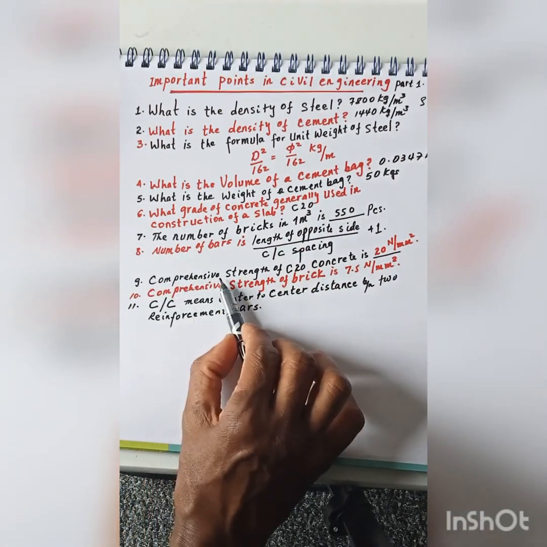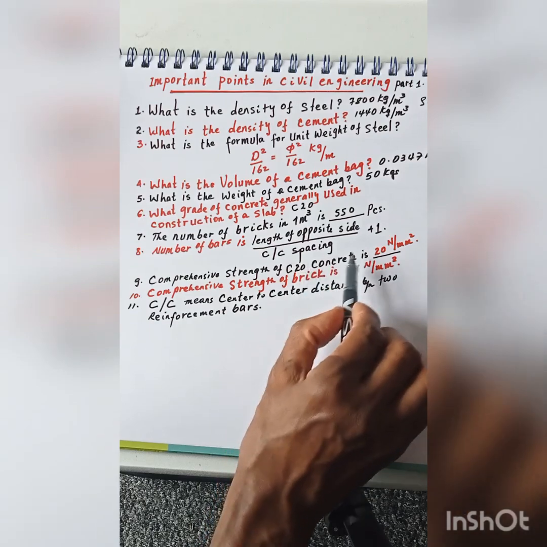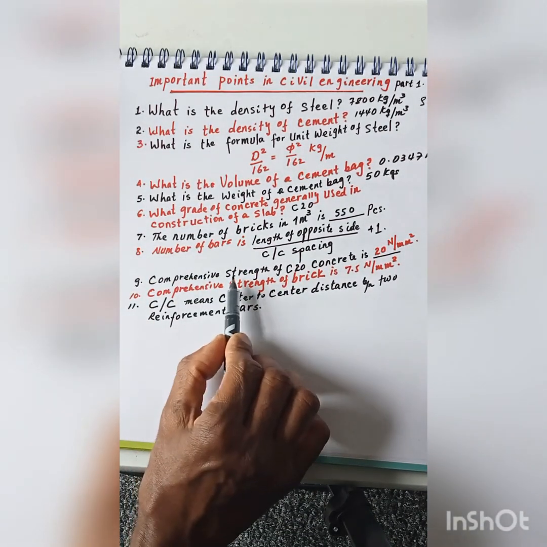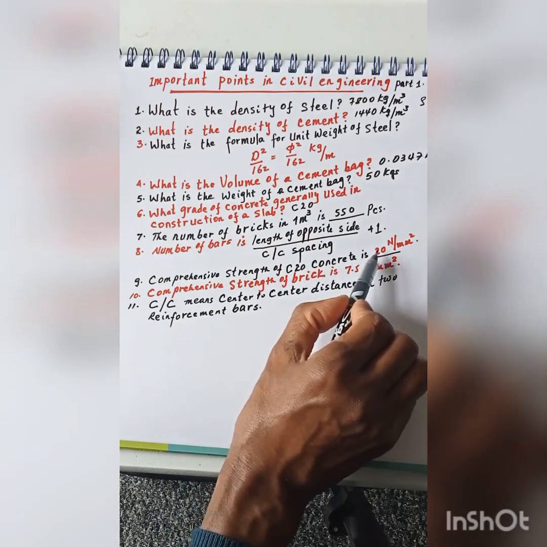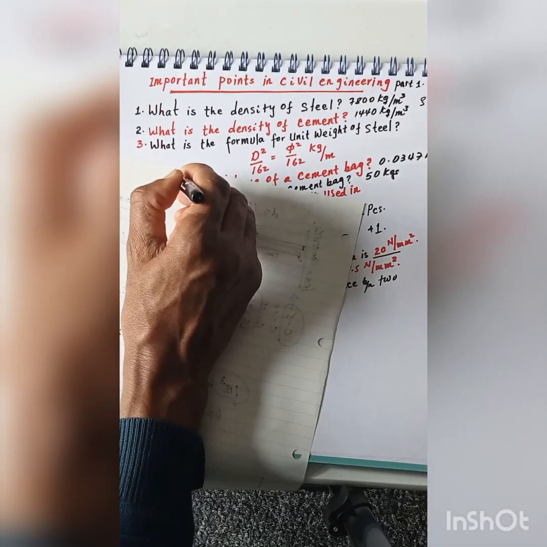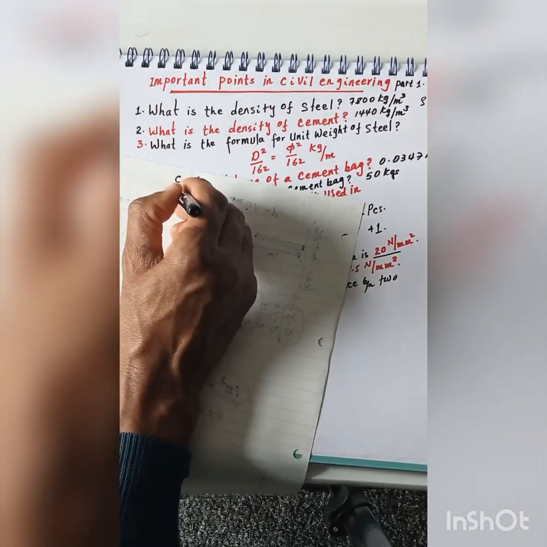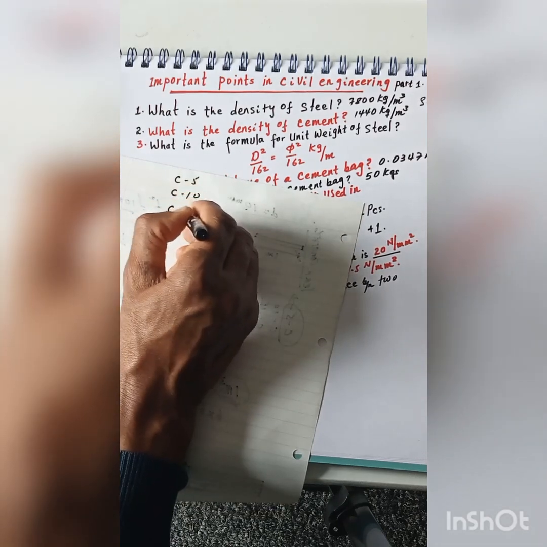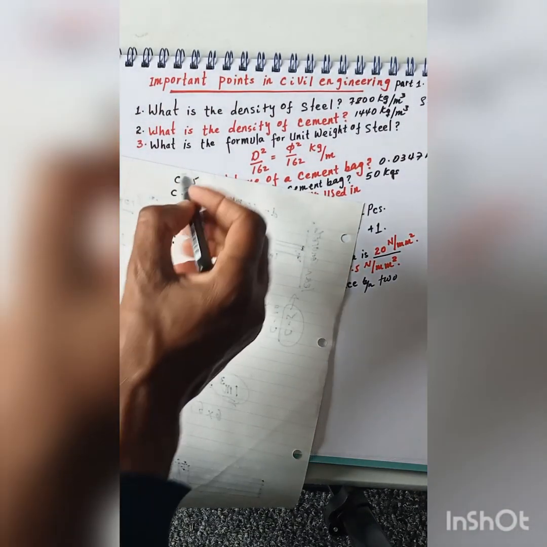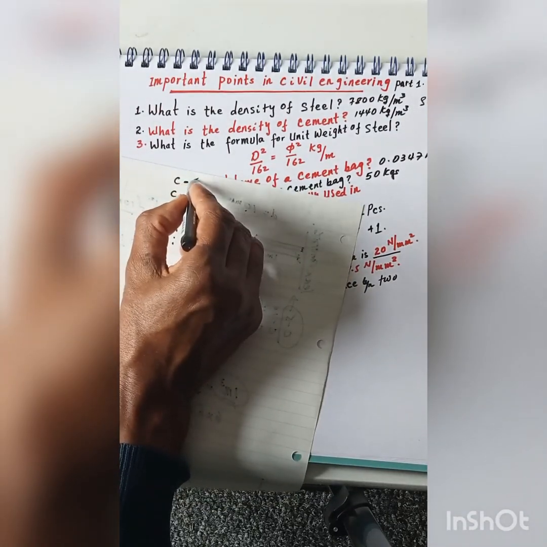The compressive strength of C20 concrete is 20 Newtons per millimeter squared. As I have told you before, C5, C10, C20, etc. is the compressive strength of the concrete.